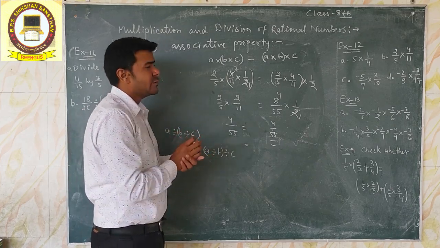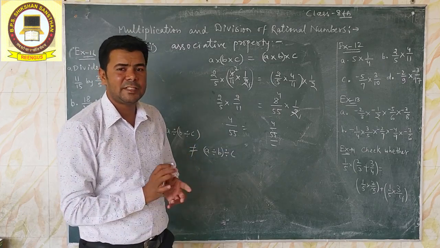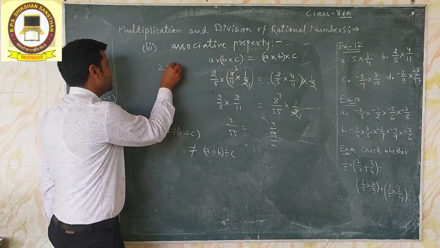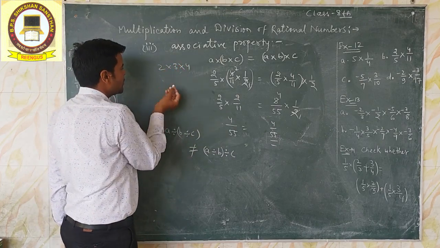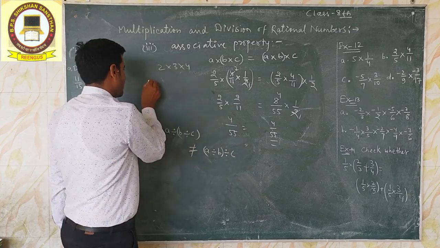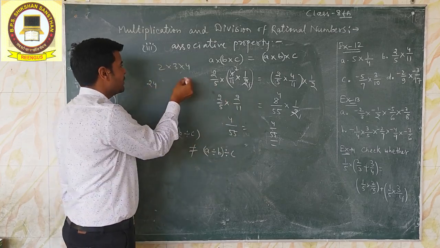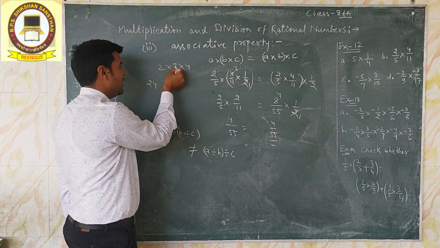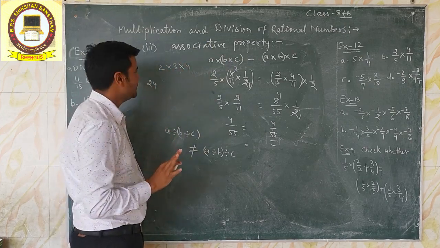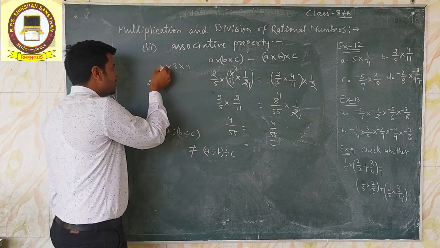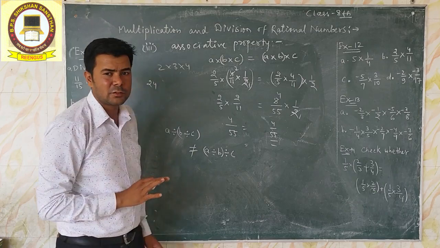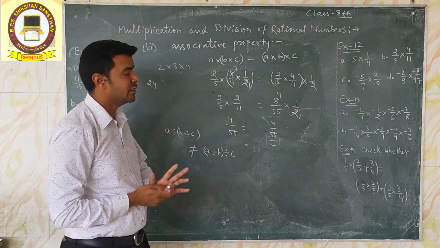इसको हम सिंपल लैंग्वेज में ये समझते हैं कि मल्टीप्लाई को हम किसी भी सीक्वेंस में करेंगे. जैसे मान लो 2 into 3 into 4 हो, आप इसको करो 2 into 3 होता है 6, 6 into 4 होता है 24. ठीक है. Then change the sequence. 4 into 3 होता है 12, 12 into 2 होता है 24. किसी भी सीक्वेंस में आप इसको करो, आंसर हमेशा 24 ही रहेगा.